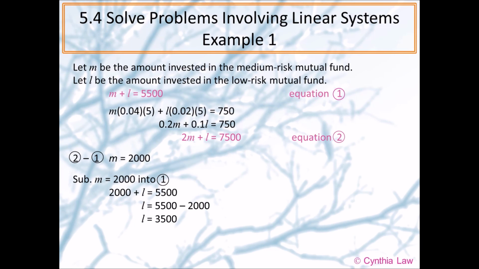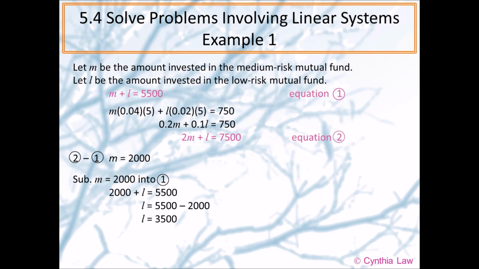Now in our textbook, they recommend that we check both M and L by using equation 2 to make sure that we didn't make any mistake. I'm going to skip that step for now because we have already covered that and you know how to do it. So let's say I know that my answer is correct after checking.